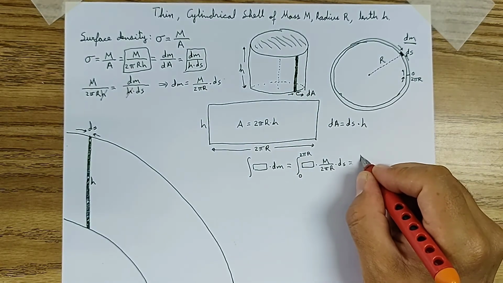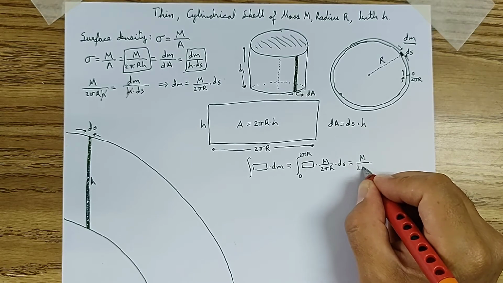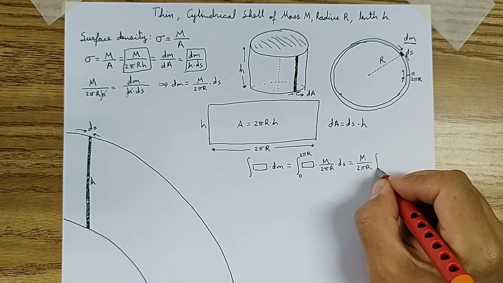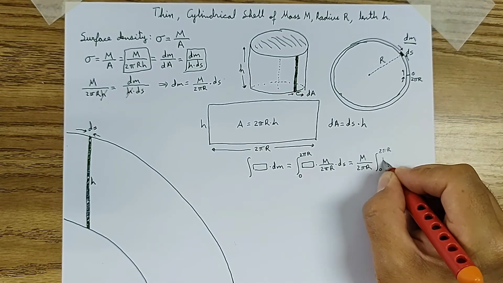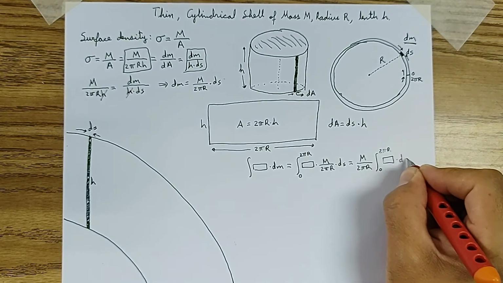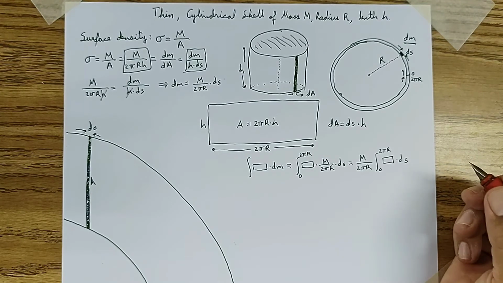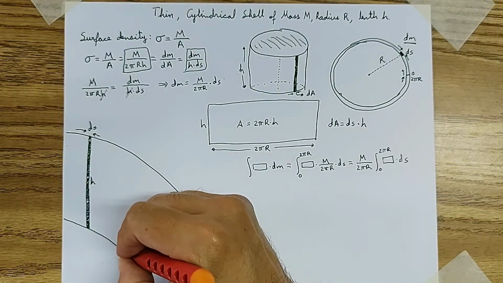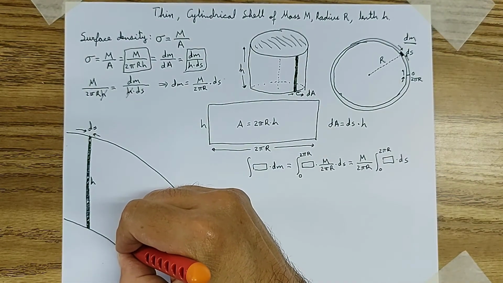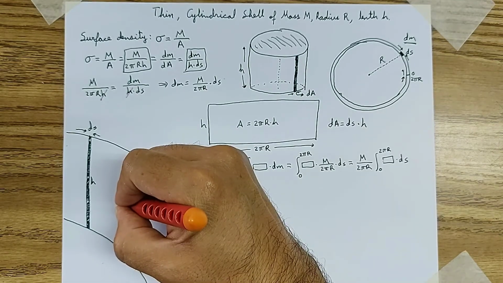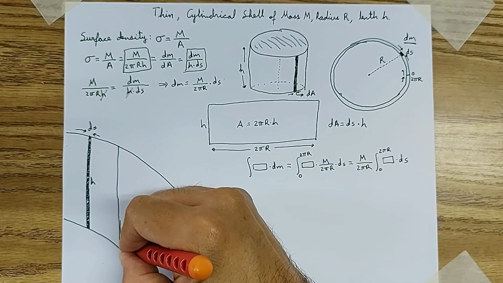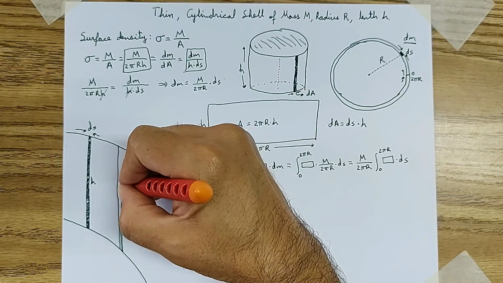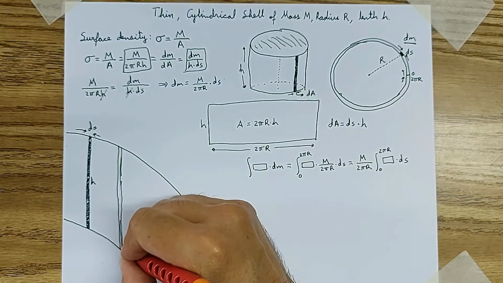So this can be written as mass over 2 pi r integral from 0 to 2 pi r of the function ds. But there is still another way to look at this, which basically depends on looking at the angle that is created when you have this mass differential. So let me draw it over here because it gives us a better angle.